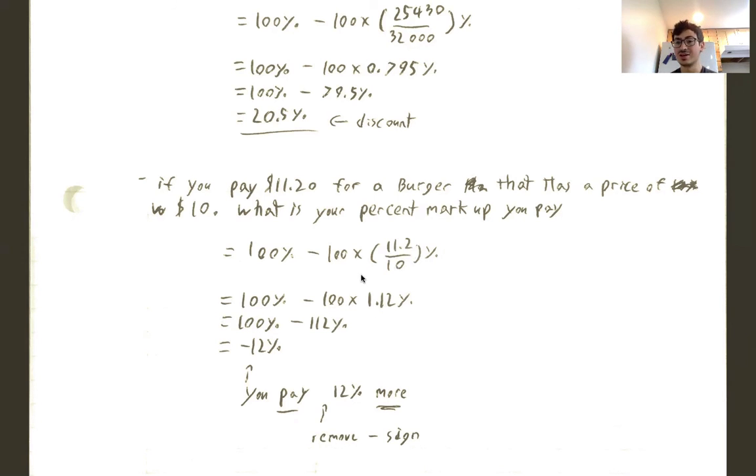You may notice that's like 112%, which is essentially how much you have to pay when you add taxes onto it. So we got 100% minus 112%, giving us negative 12%. That negative means you pay 12% more. We remove the negative sign when we say you pay 12% more, but that negative sign just tells you that it's more.